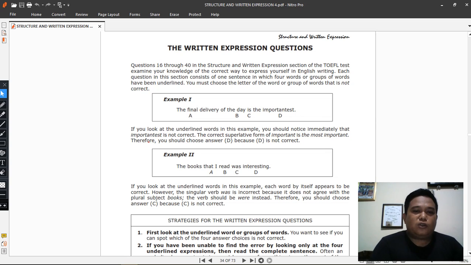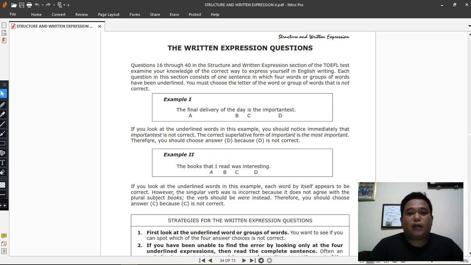As you can see in the explanation, if you look at the underlined words in this example, you should notice immediately that important is not correct. The correct superlative form of important is the most important. In the superlative form, you can add the suffix est at the end of the adjective, but it works only for adjectives that consist of one or two syllables, not more than two.